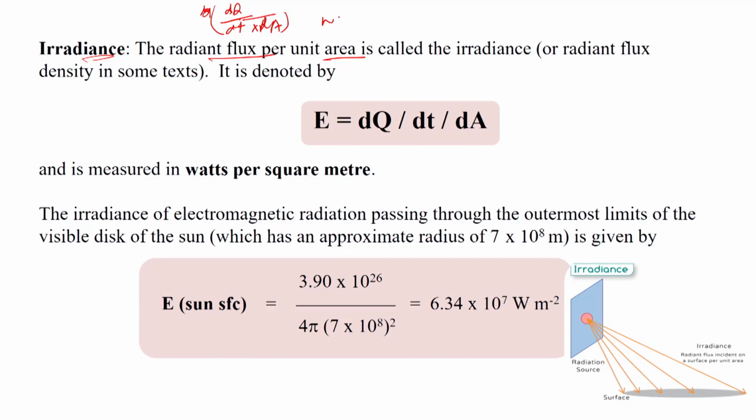So you have the unit like watts per meter square. We calculated this number. This is the unit actually. In some of the texts, this irradiance is called radiant flux density. Remember, whenever you take anything by volume, anything you divide by volume, then it becomes density.